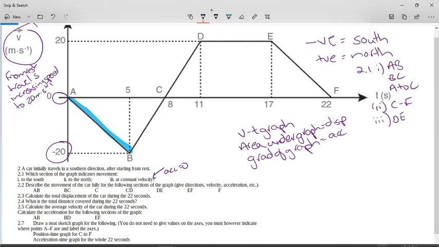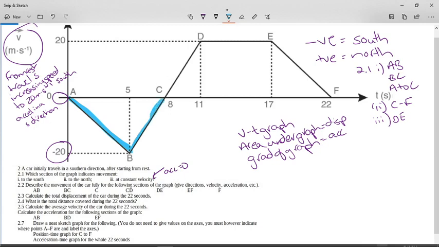It was 20 meters per second south. We know this because it is negative. So we can say we were accelerating in a south direction, in a southerly direction. Now it says to you what's going on from B to C.